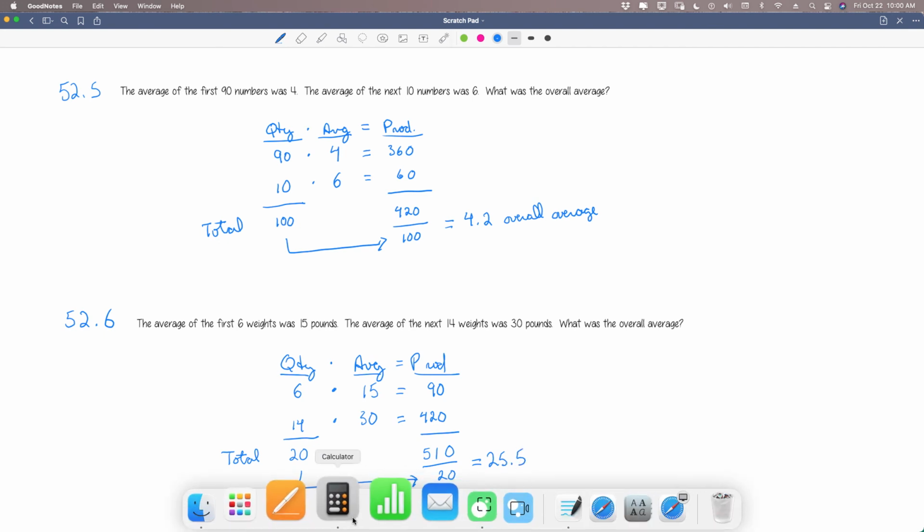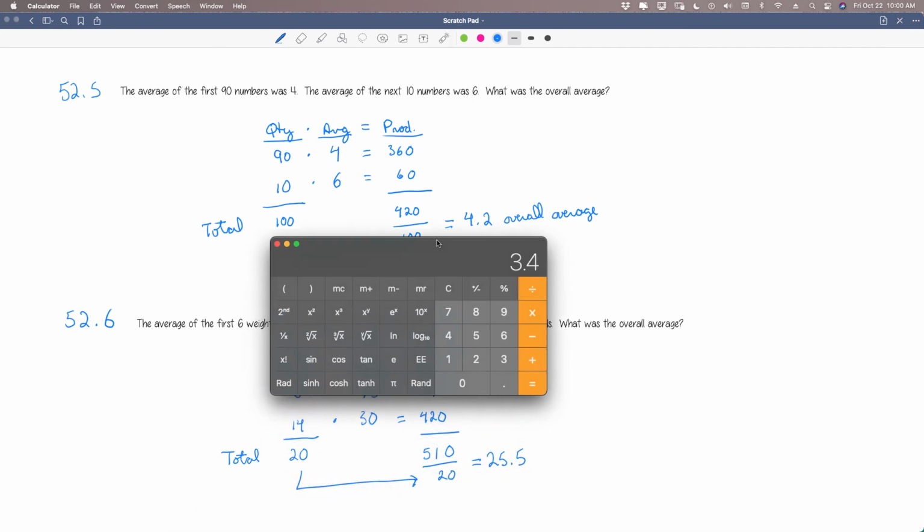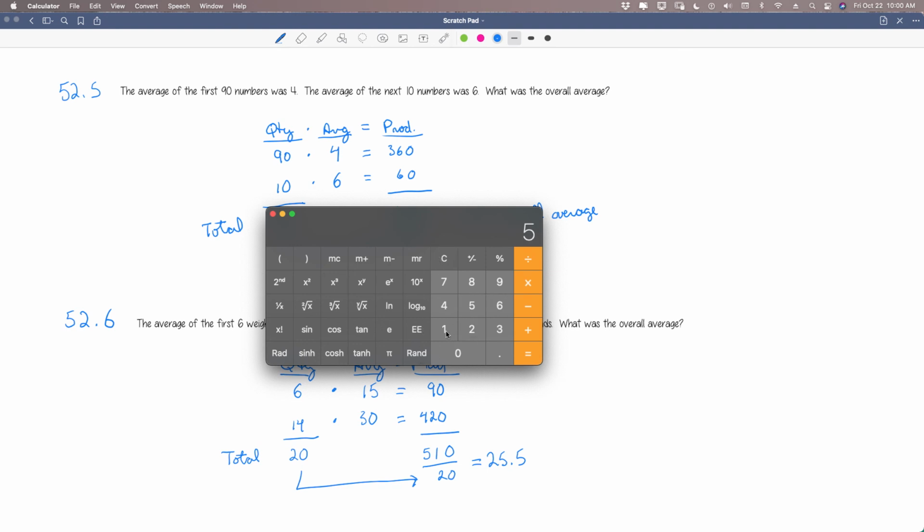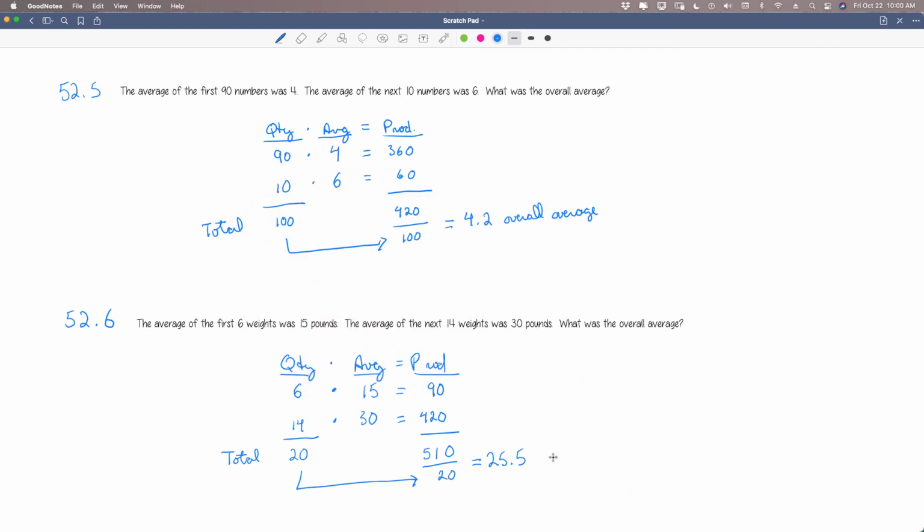I'm going to double check that with my calculator. So 510 divided by 20 is 25.5. So 25.5 is my overall average.